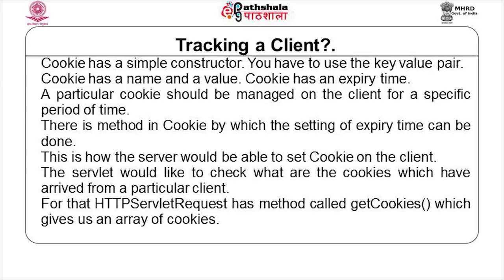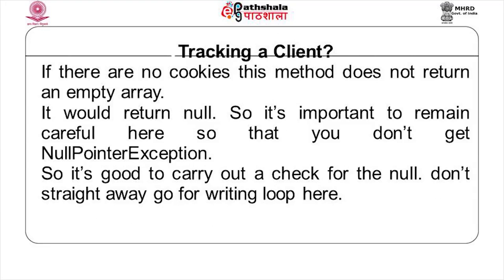Remember one thing. Normally, if a method returns an array, what do we write? I straight away go for a loop over all the elements of the array, and we do not expect a null to be returned. But here you have to be very careful. The getCookies method does not return an empty array.